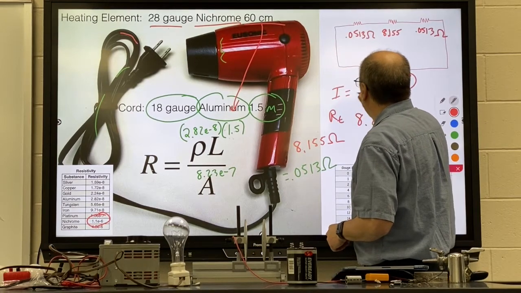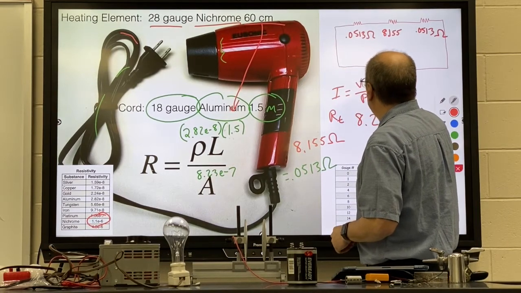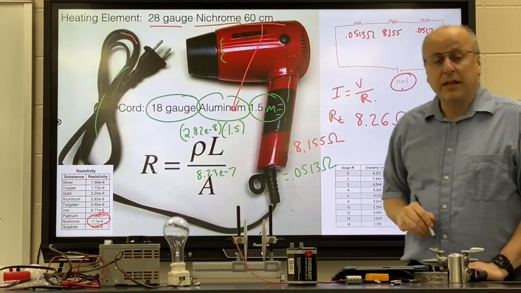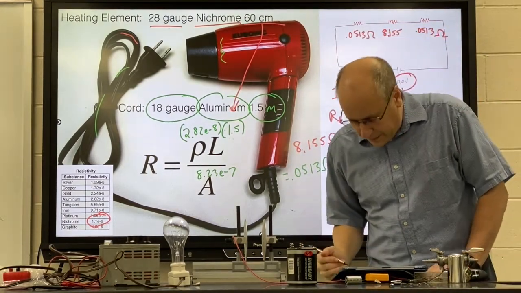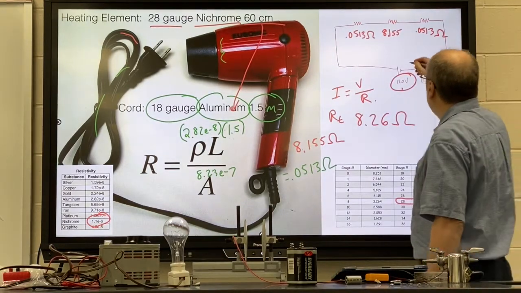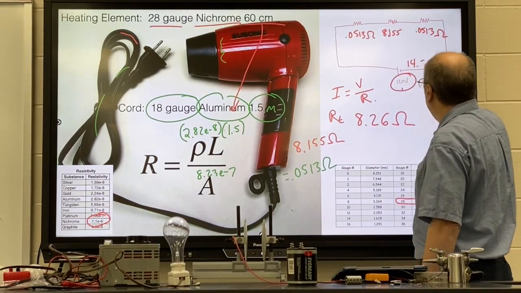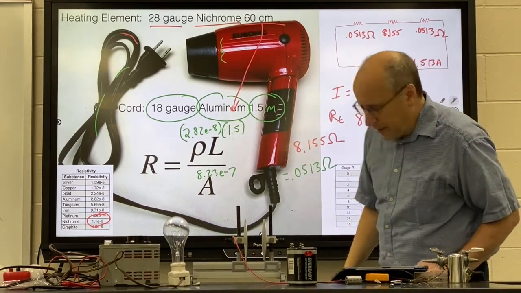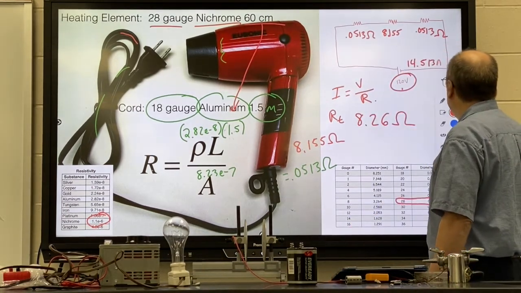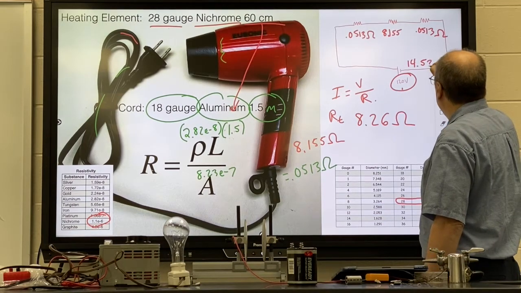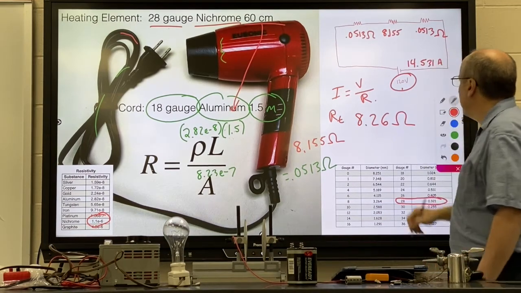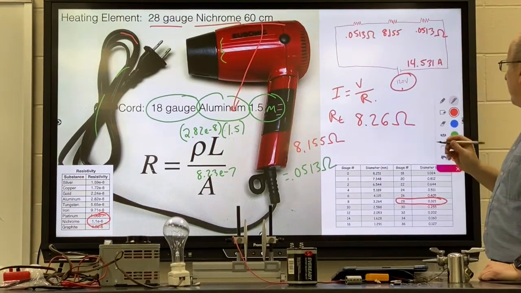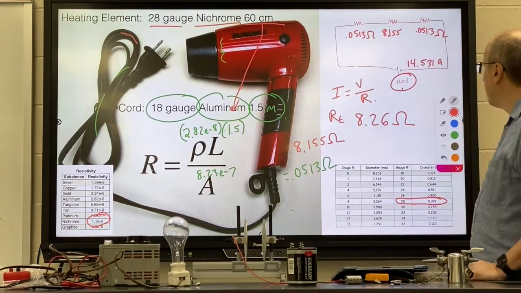Use your formula, current equals voltage over resistance, for the total volts and the total resistance. That'll get you your total current. When I did this, I got 14.531 amps.